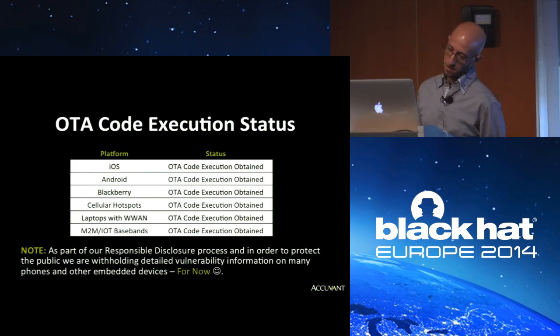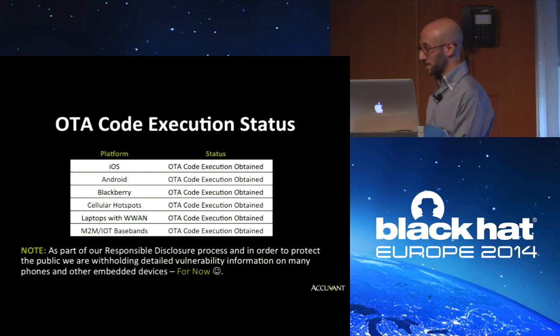This is live code execution. But as part of our responsible disclosure process, and in order to protect the public, we have to withhold detailed vulnerability information on many phones and other devices. Unfortunately, many devices have not been patched yet. Carrier life cycles are very long.